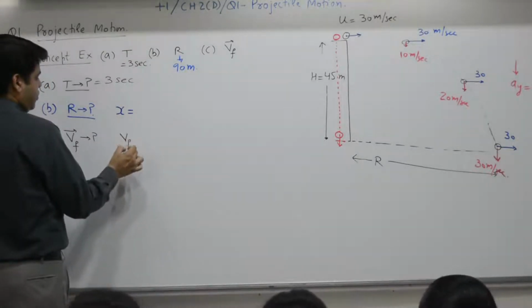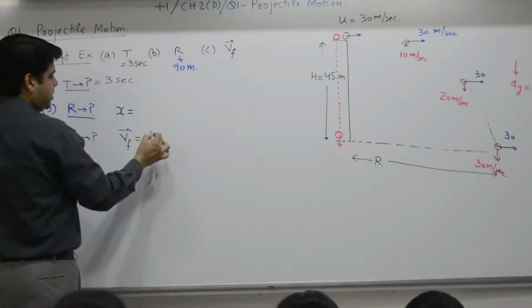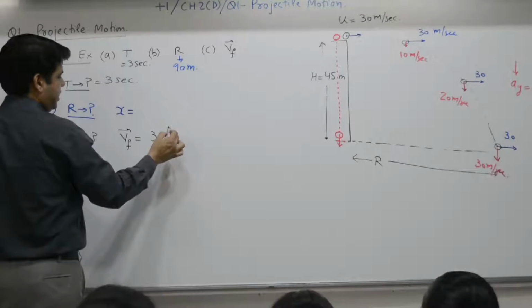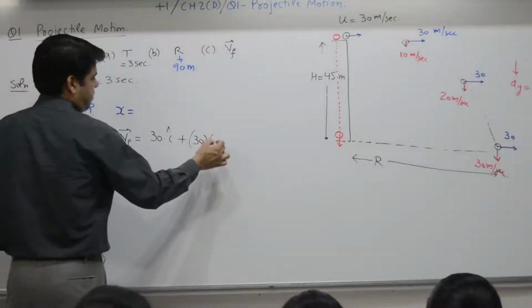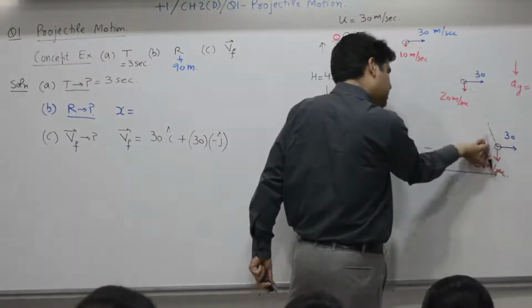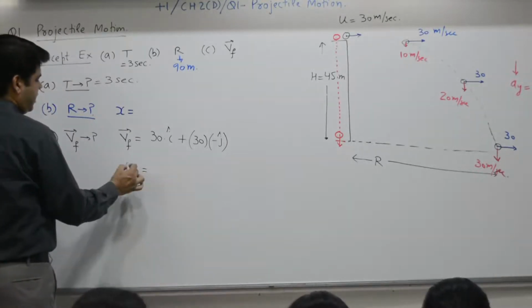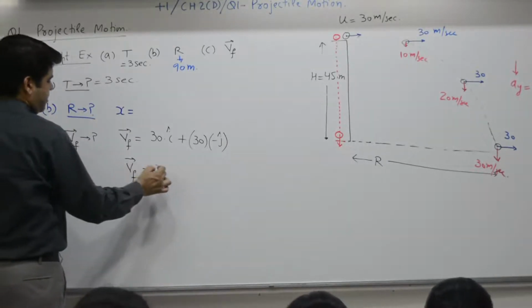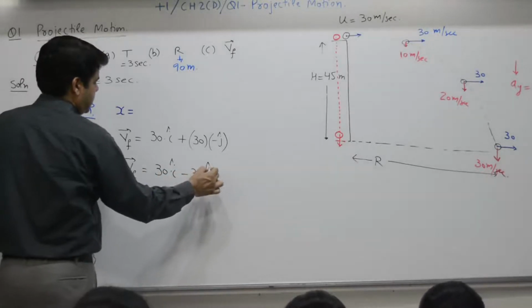So the horizontal component will remain the same. It is 30 i plus 30 minus j: 30 along the x-axis, 30 along the y-axis downwards, minus. So the final velocity is 30i minus 30j.